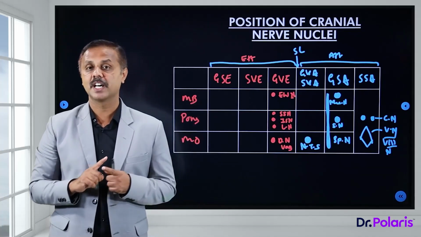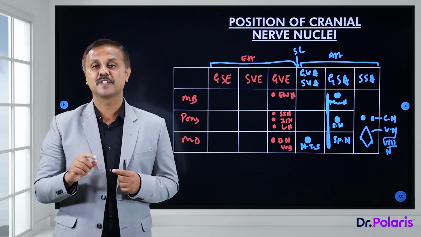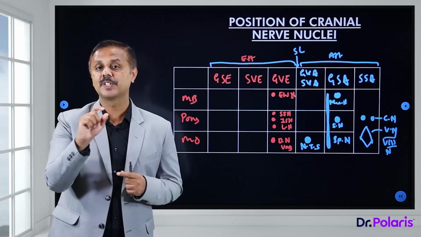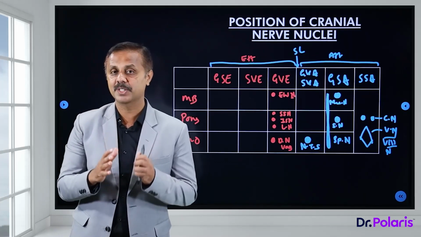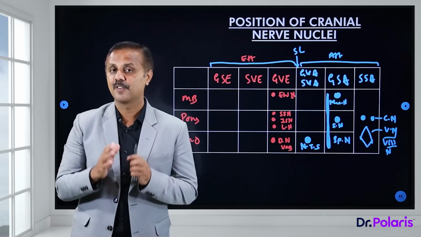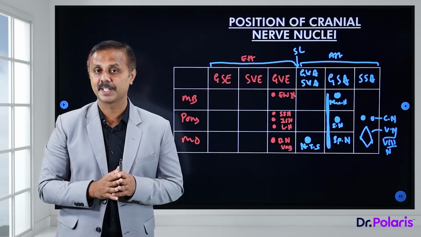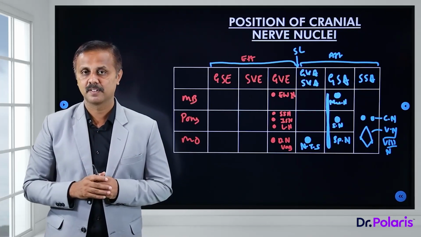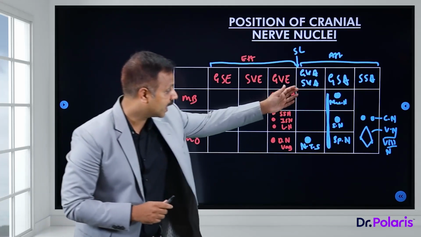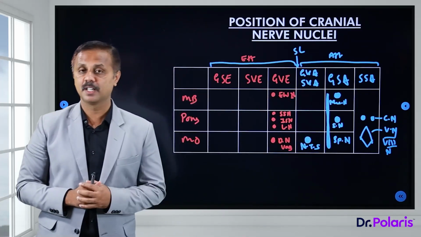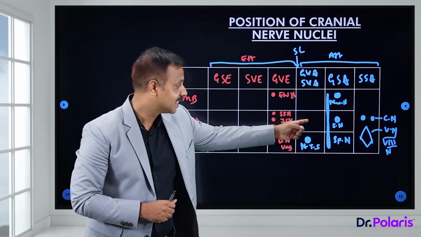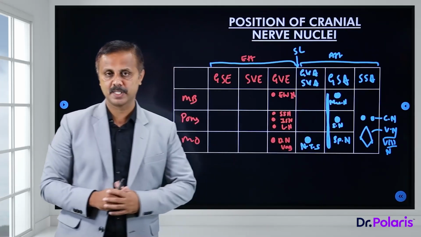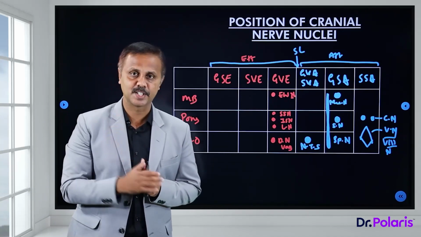Right? So what is the nerve of the first arch? Nerve of the first arch is mandibular nerve, which will supply all the muscles of mastication. So what nucleus should be associated with this nerve? Now remember, mandibular nerve is associated with the trigeminal nerve. And for trigeminal nerve, we already identified 3 cranial nerve nuclei. What are they? One is the mesencephalic nucleus, chief sensory nucleus, and spinal nucleus, all of which were sensory.